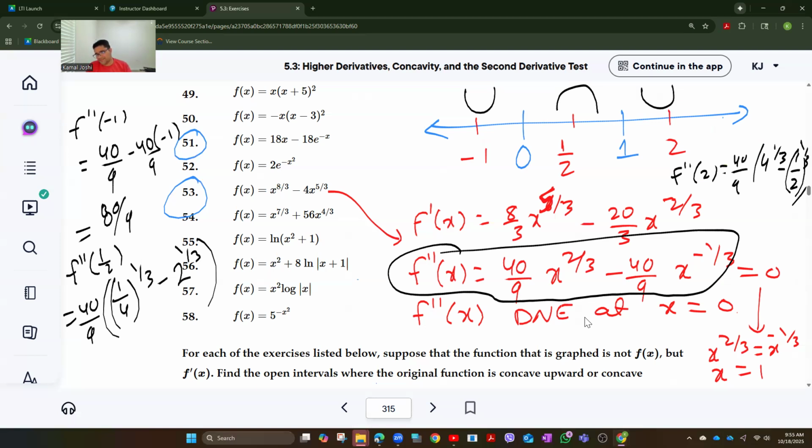Sorry. So looks like both 0 and 1 are inflection points because the concavity is changing. Okay, I'm interested to draw. So that means, okay, two things I'm figuring out here.